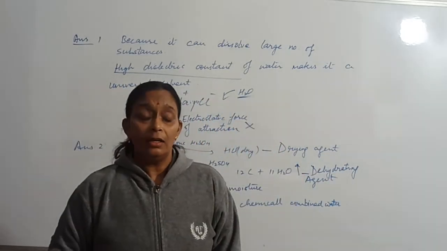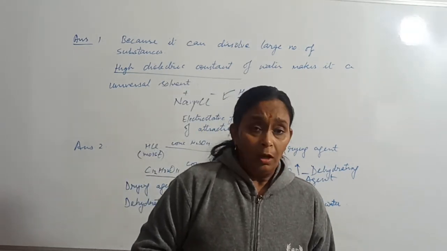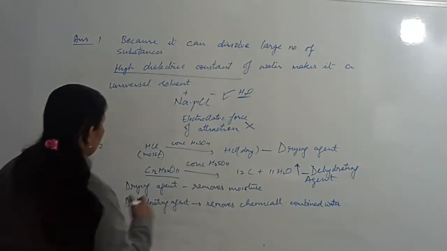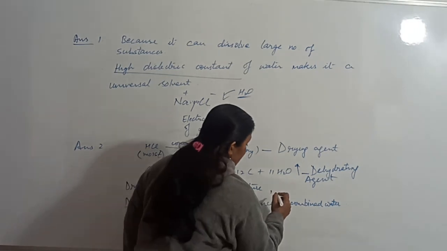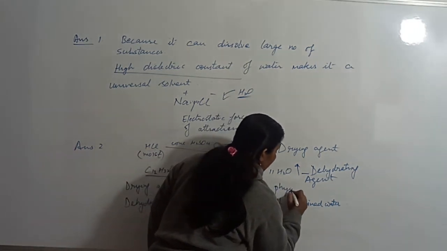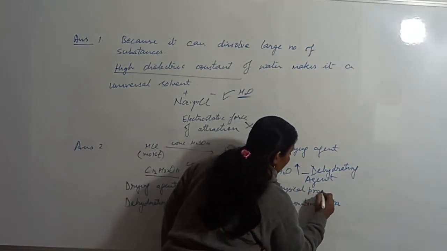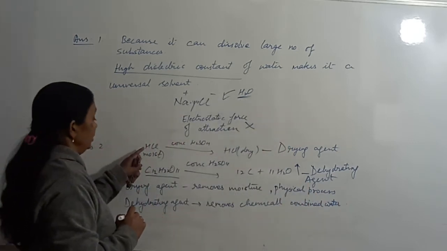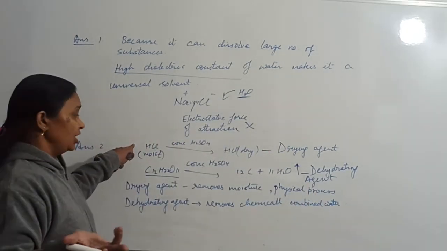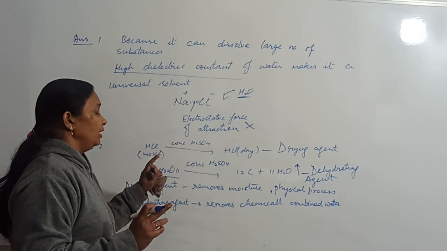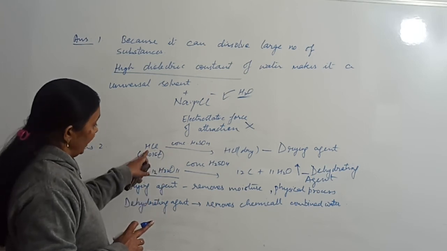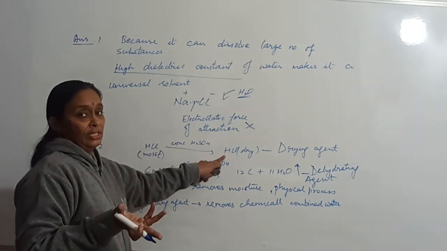And the second difference you can write is that drying is actually a physical process, because the compound itself is not undergoing any change, only the moisture is retained in concentrated H2SO4. HCl remains as HCl.